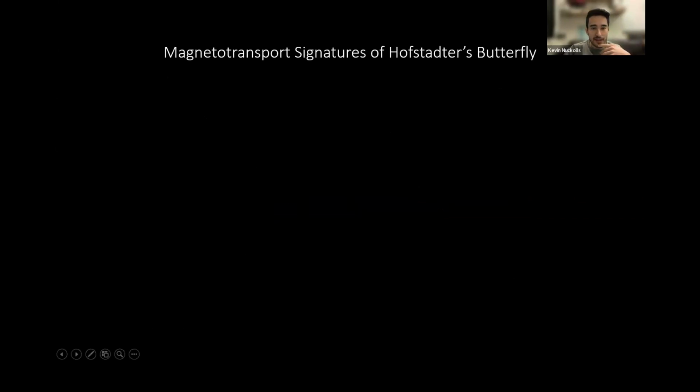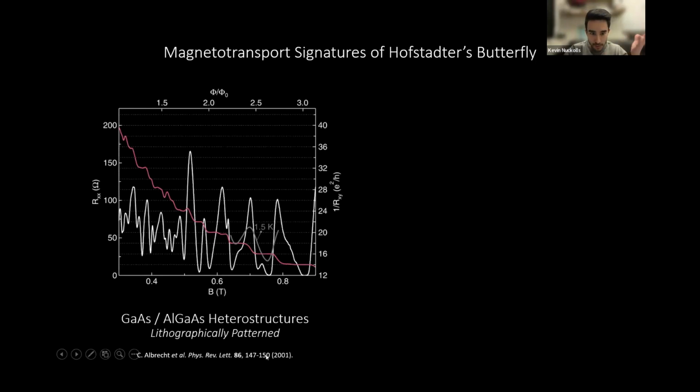This is until around 2001, where there was a landmark paper where magnetotransport signatures of Hofstadter's butterfly were uncovered in an artificial lattice material. They measured the longitudinal and Hall conductivity of a Hall bar sample of aluminum gallium arsenide. This is a semiconductor heterostructure, a very high mobility interface, which gives a nice two-dimensional electron gas.